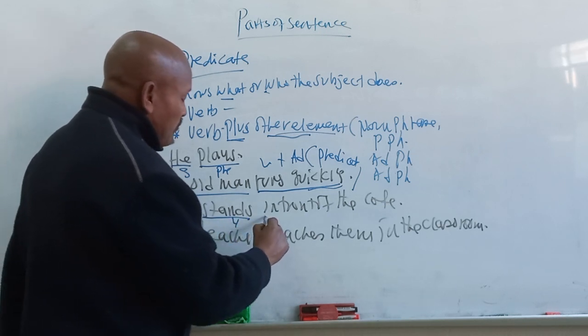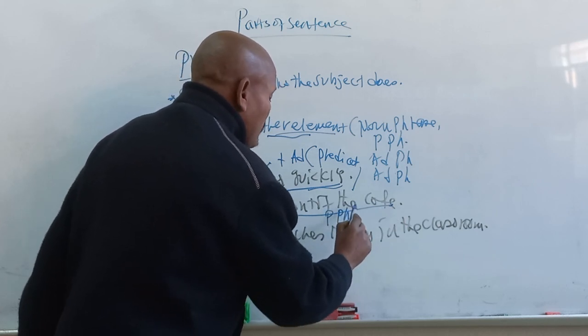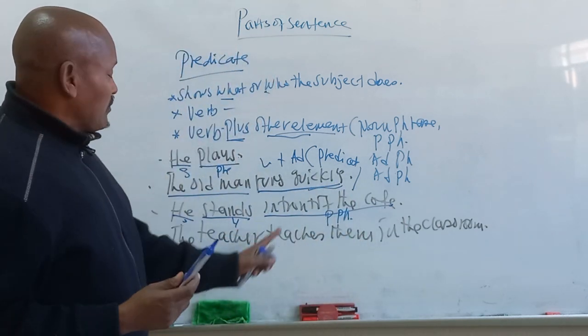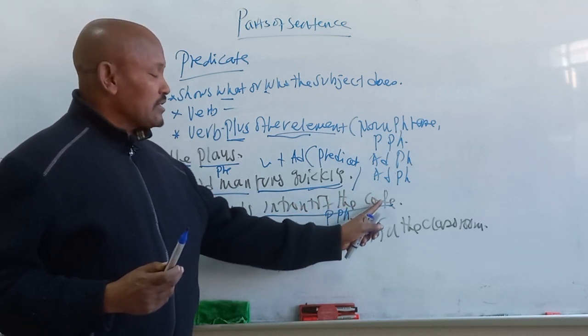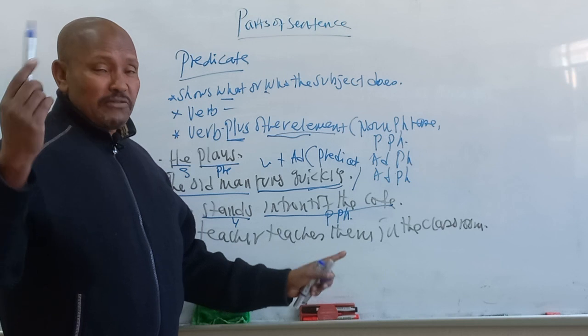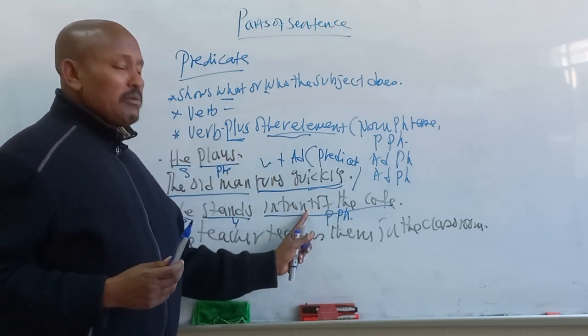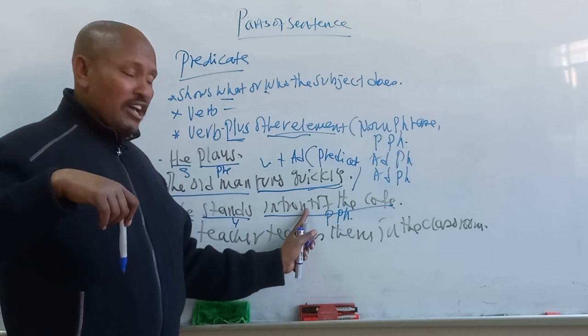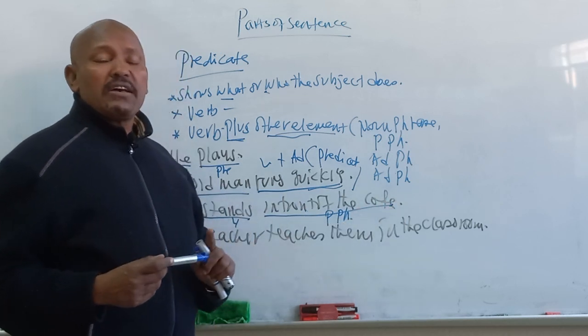"In front of the cafe" is a prepositional phrase: preposition plus article plus noun. Noun phrases combine to form a prepositional phrase. So we go from the verb to the end: the predicate.